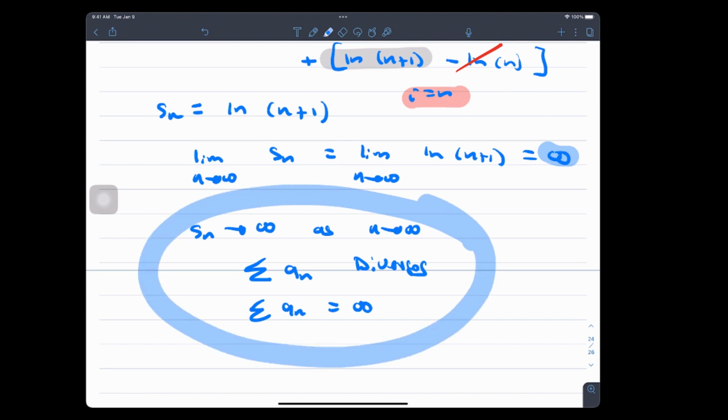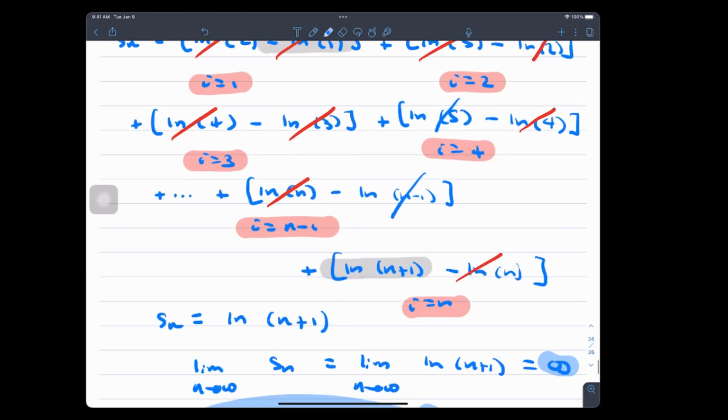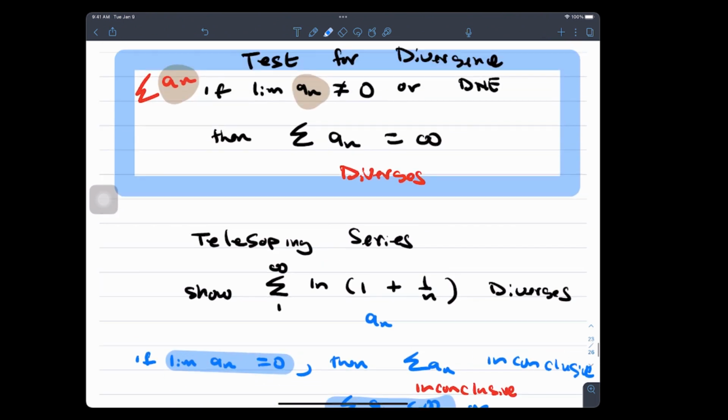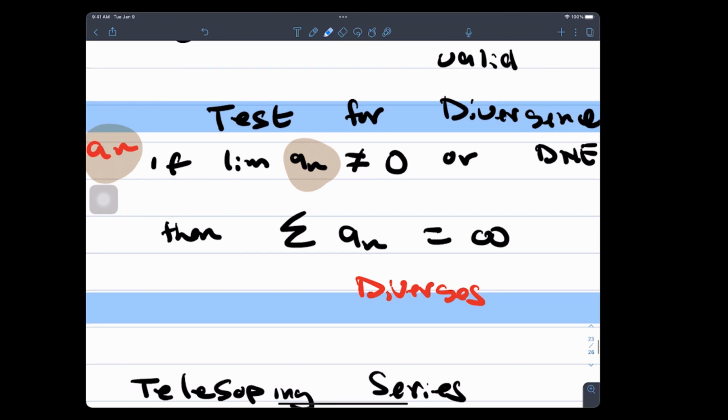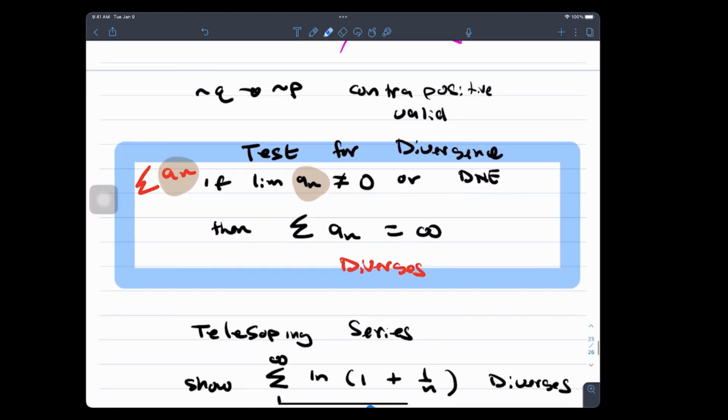But there's a couple of overlapping ideas I want you guys to be aware of. Extremely important overlapping concepts. The test for divergence, ladies and gentlemen, that big test, is not applied here. We can't apply it. The test for divergence, we can guarantee divergence when the limit of an is not 0.